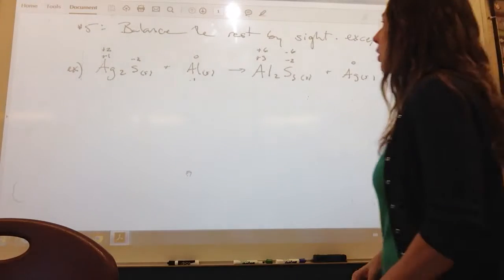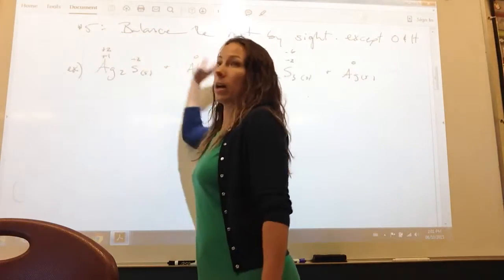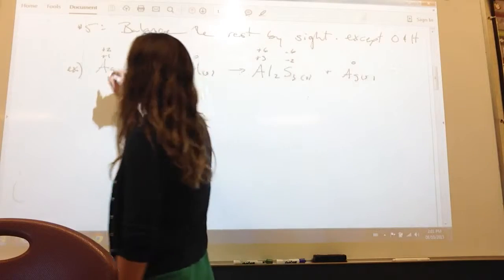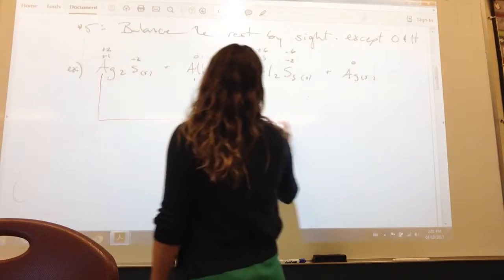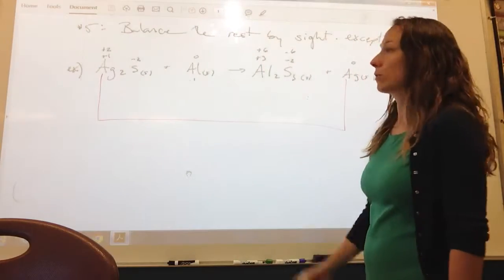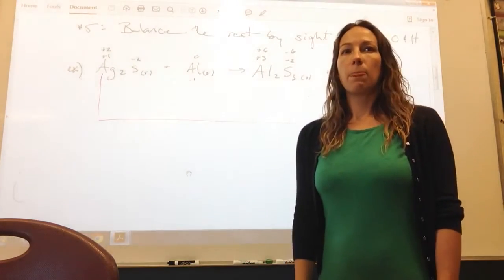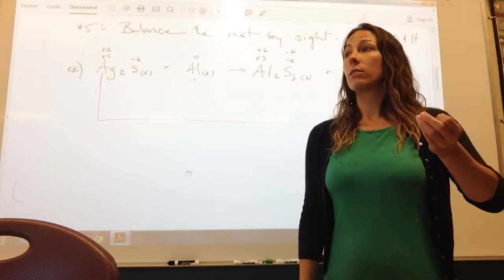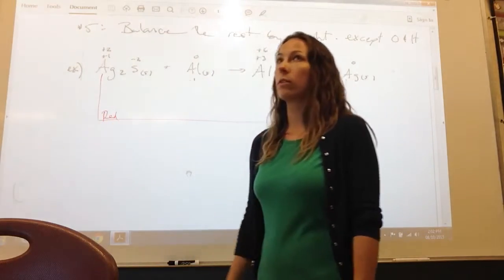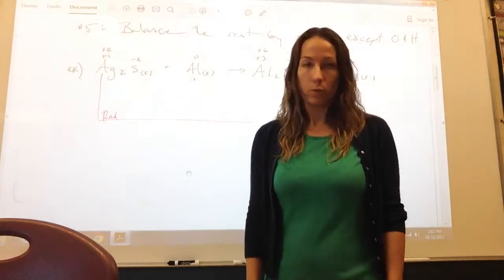Okay, so, oxidation numbers. What's changed? Well, Ag, so let's do our bridges. Ag has gone from +1 to 0. The number is reduced, so therefore the species is reduced.